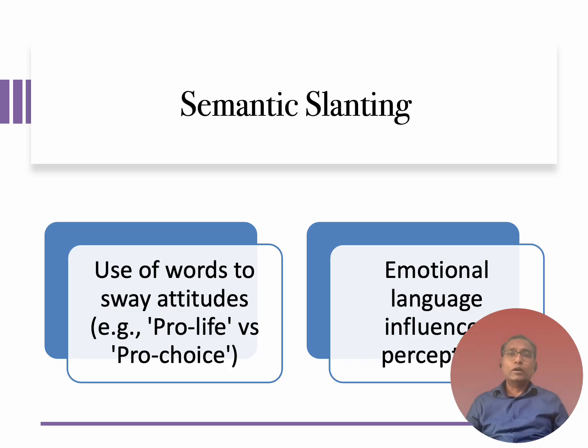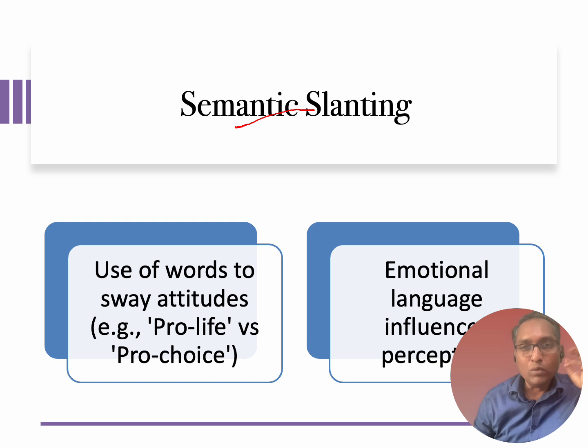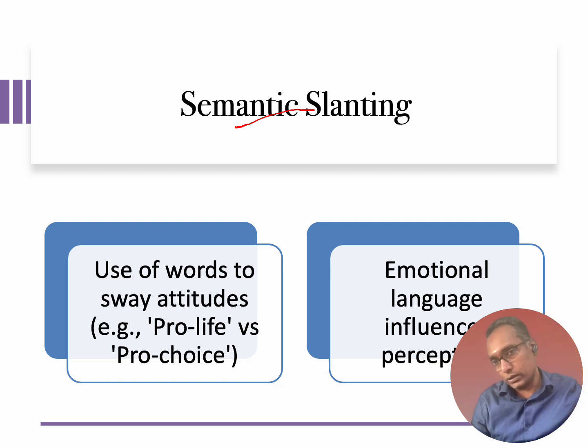Okay, so let's talk about the first way the words we use can manipulate others' thinking, and how we have to be aware of it, which is semantic slanting. Semantic slanting is to use words of a specific kind to refer to ideas in a way that can emotionally influence others to take an action in one direction or the other.